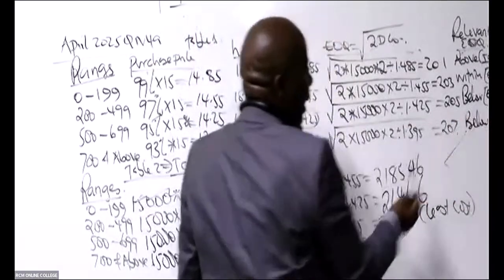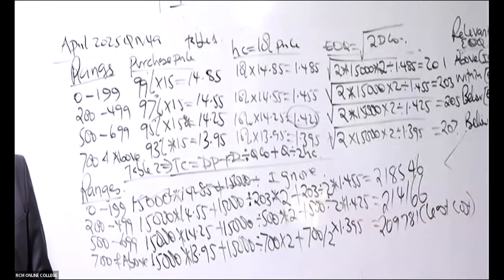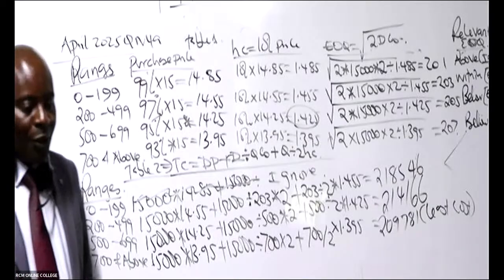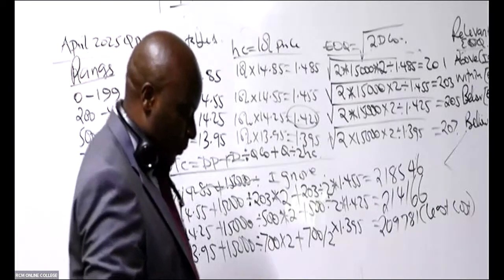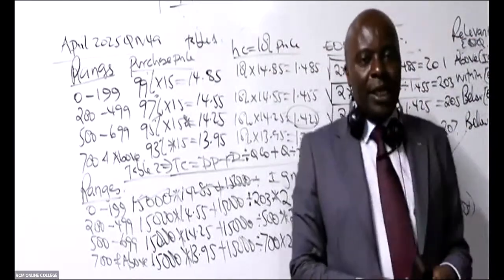The fourth quantity, the fourth EOQ, 700, yes. The company should procure 700 units at a time. So is that okay? The company should procure 700 units at a time.